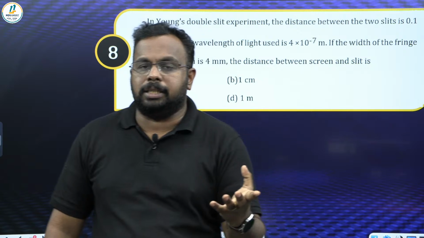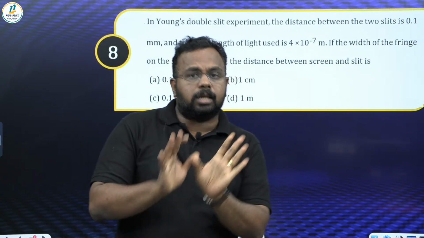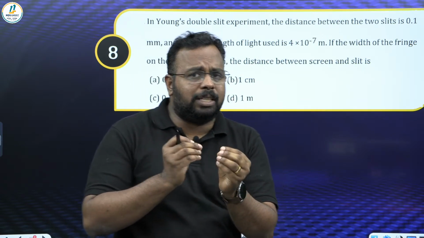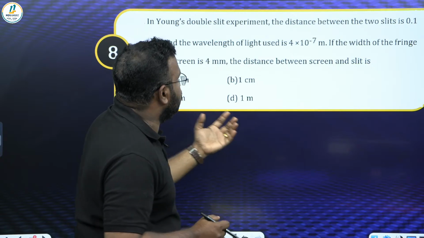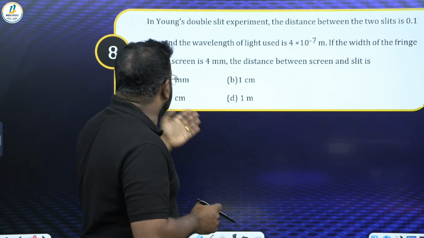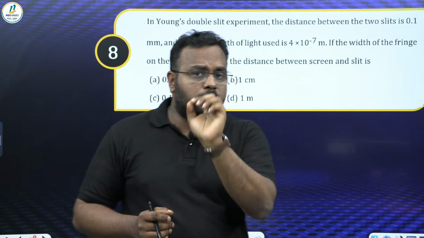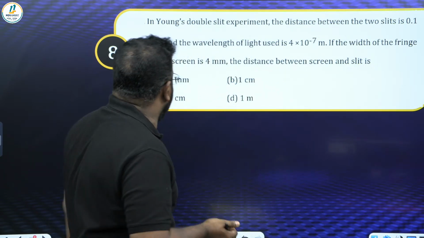But my dear students, please don't make calculation mistakes. Take your time for these kinds of MCQs, because a silly mistake is easy to make. The data are given in different units, and even the options are in meter, millimeter, centimeter. So please be careful. Take your time and tell me the answer quickly.